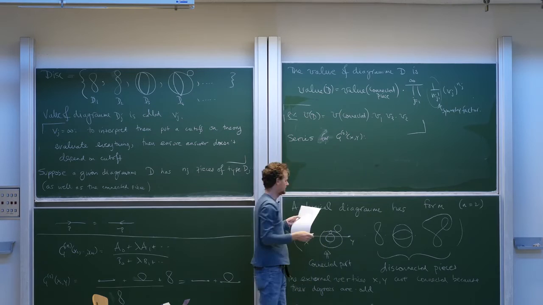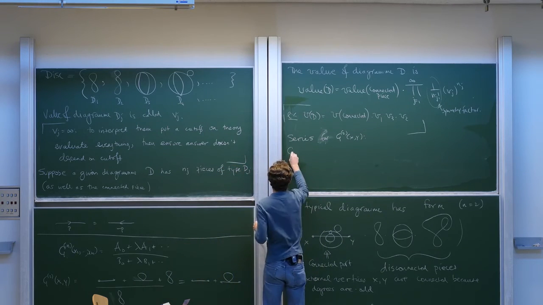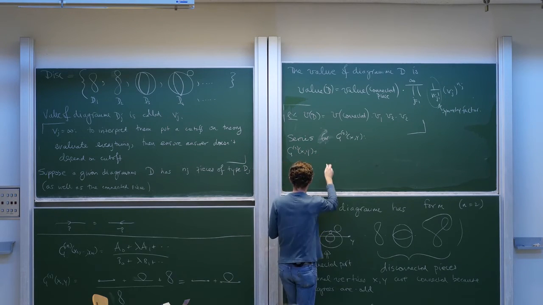So remember the rule? The Feynman rules tell us that G2 of xy is equal to the sum of all connected diagrams.